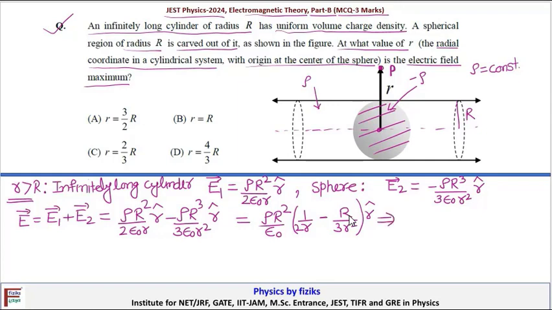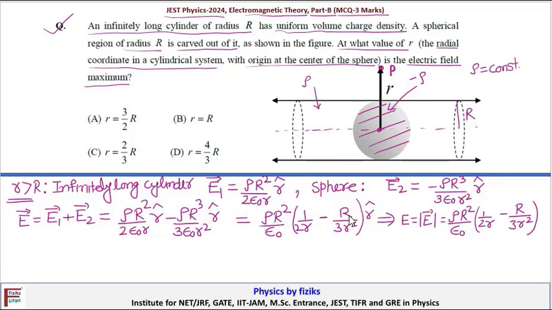So we can write the magnitude of the field, that is mod of E, as rho R square by epsilon naught times 1 by 2r minus R by 3r square.